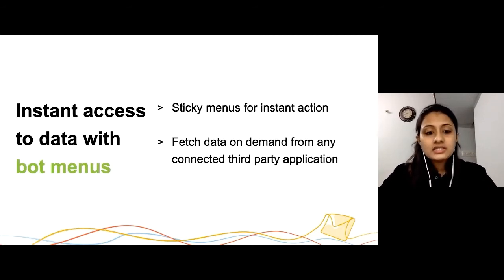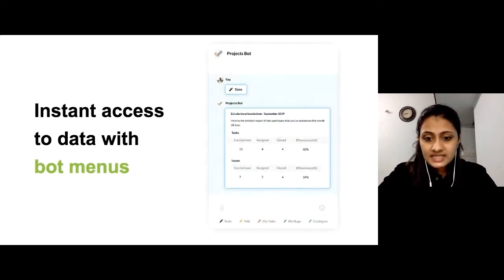So the actions that you add will be available right at the bottom of the screen like this, in this image. Each action that you add will be available as sticky actions at the bottom of the chat window.